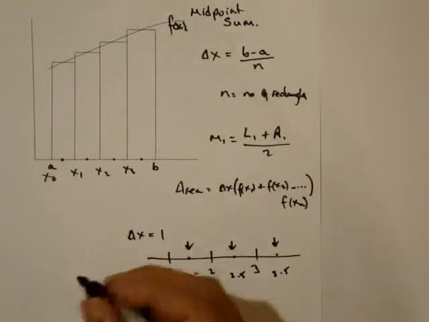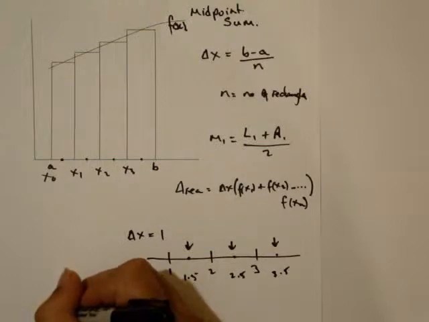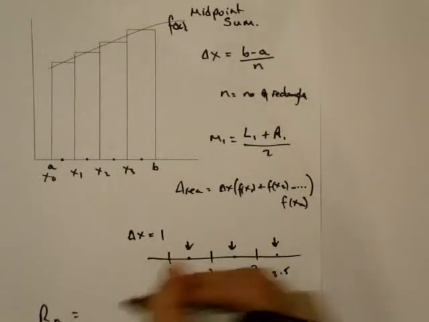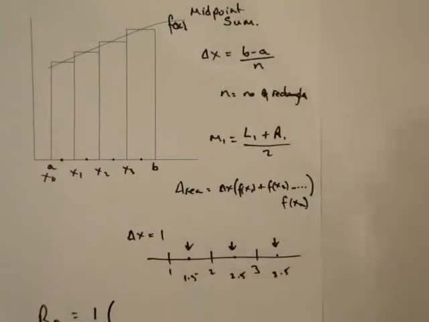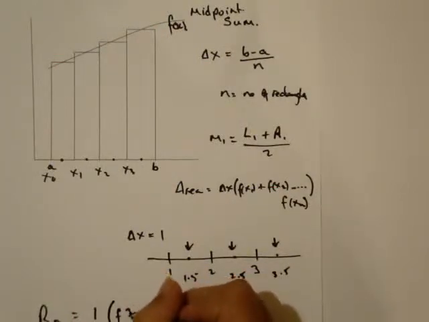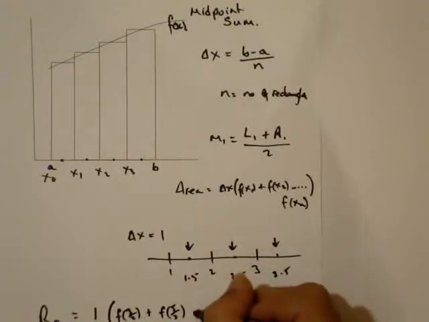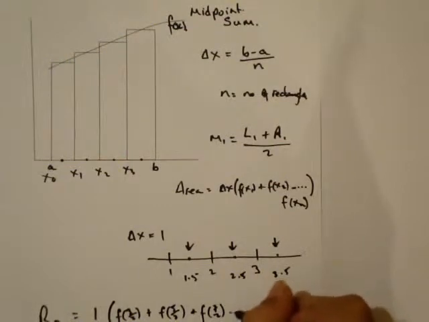So the Riemann sum would equal, say, a delta x of 1 for here would equal f of 1.5, which is 3 over 2, plus f of 5 over 2, plus f of 7 over 2, and so on.